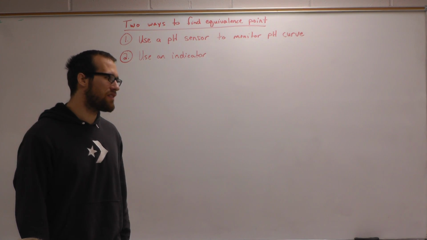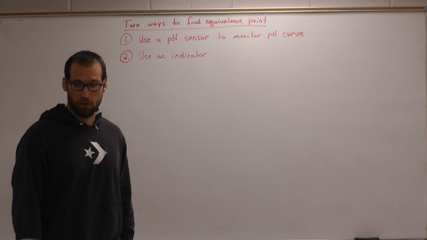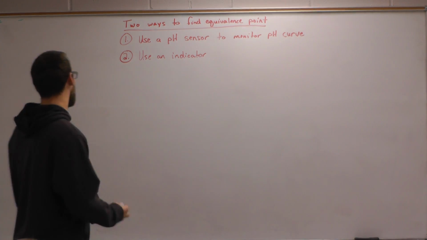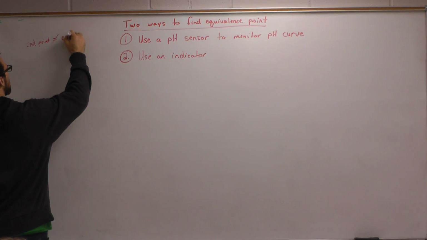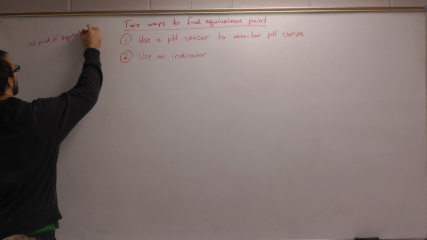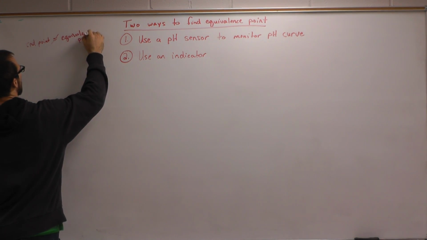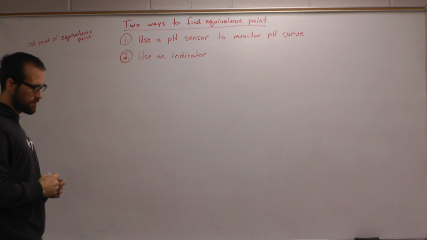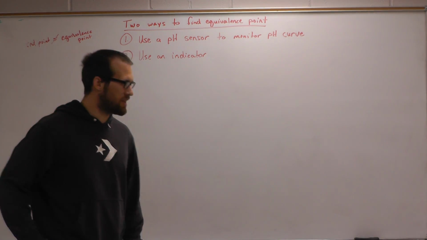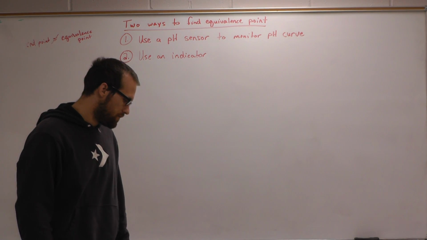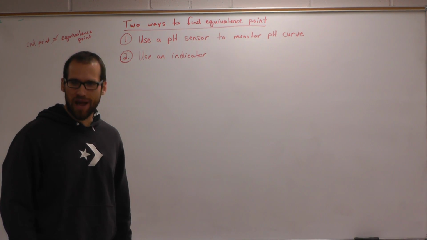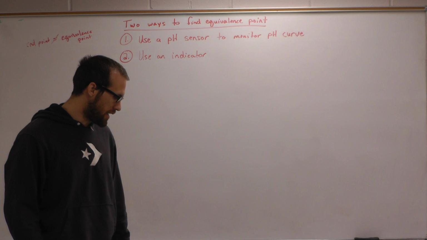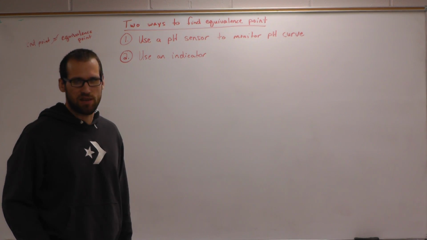Now don't think that endpoint and equivalence point are equal. I'm going to write that. Endpoint does not mean the equivalence point. However, if you use an indicator correctly, the end point can virtually be the same as the equivalence point.